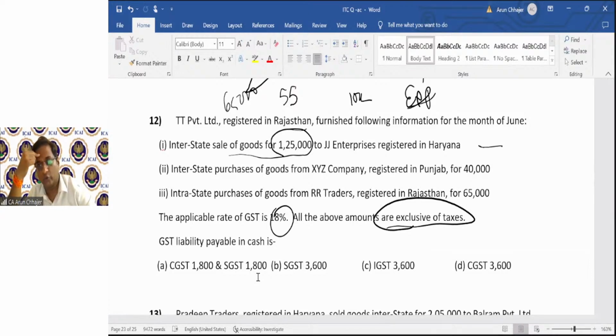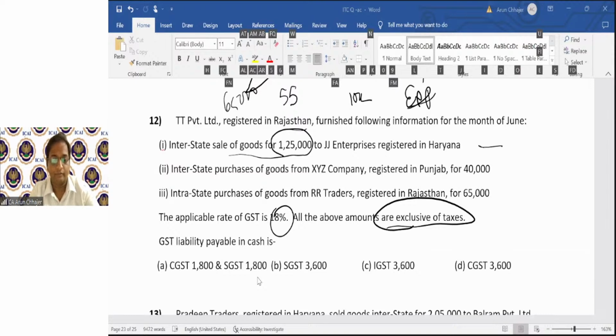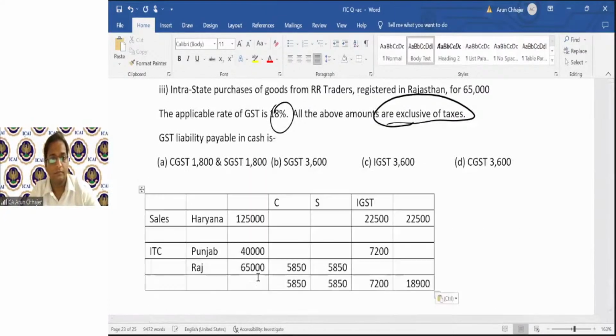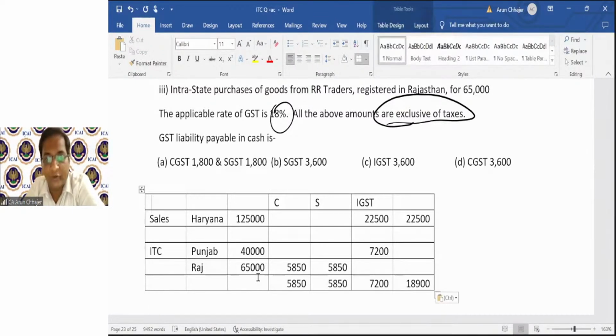It's a very interesting question because it's headwise liability. Let me put the working which we had in Excel now. I have pasted here only.